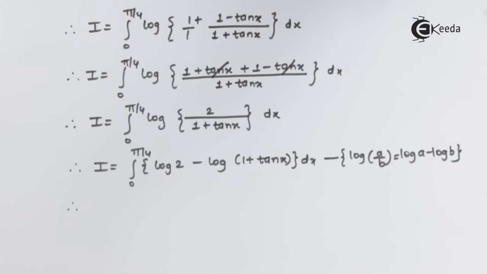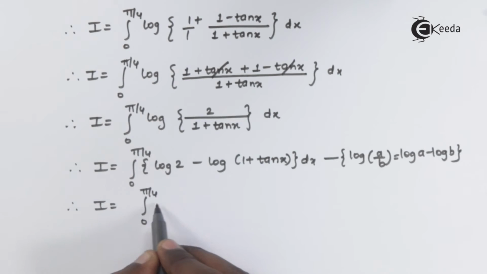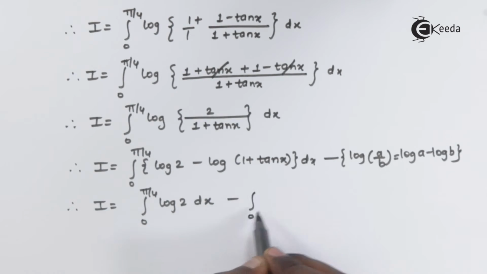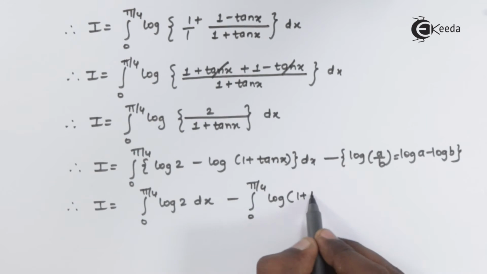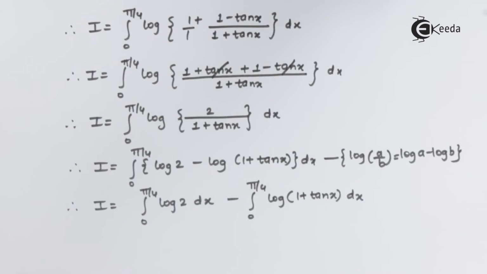Further, we can separate the integral to both the terms. On separating, we have integral 0 to pi by 4 log 2 dx minus integral 0 to pi by 4 log of 1 plus tan x dx.